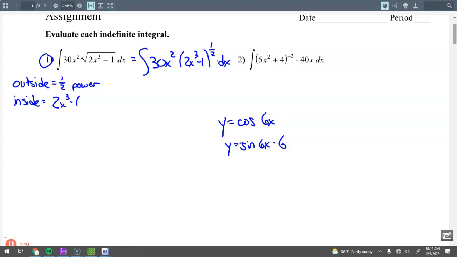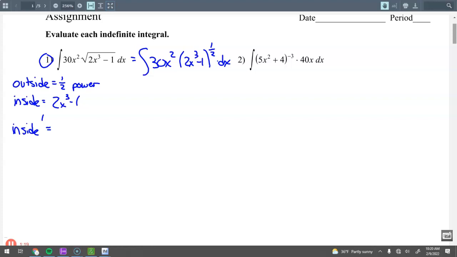It came out of nowhere. When I integrate, it's got to be there so that when I go backwards, it gets sucked back into the 6x. So we need three things in our equation: the outside function, the inside function, and the inside function prime. The derivative of the inside needs to be there so that it can get sucked back in and go away.